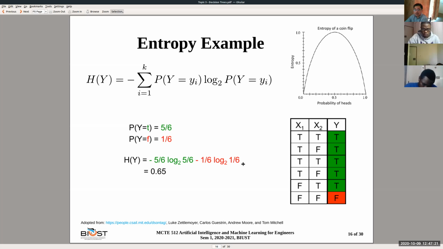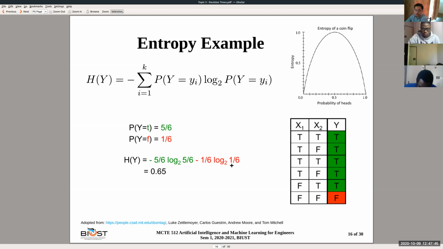But if there are many outputs, for example large, medium, and small, then there will be three terms, based on the number of outputs. Because our output has only two, our entropy is computed like this.